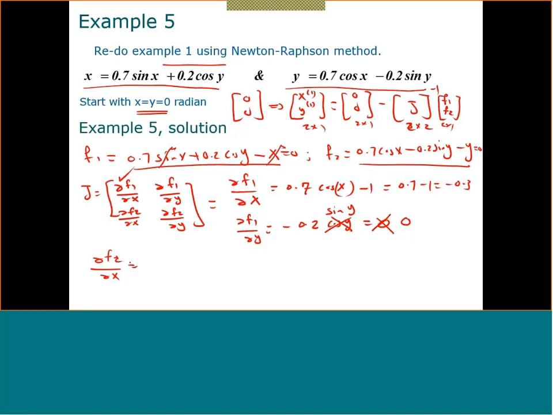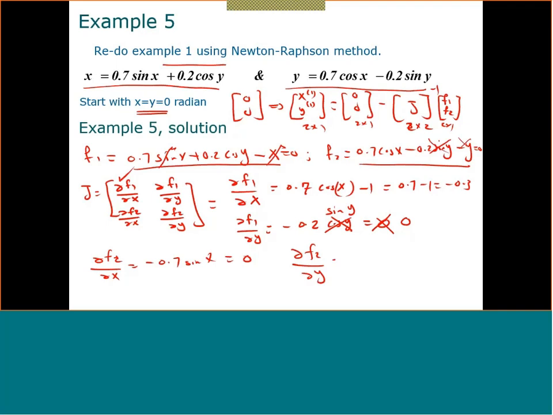Now we'll do the same thing, the partial derivative of f2, which is this one, with respect to x. So this goes to 0, this goes to 0. So the only thing you have here is minus 0.7 sine of x. Then this is equal to 0 as well. And then finally, the partial derivative of f2 with respect to y.